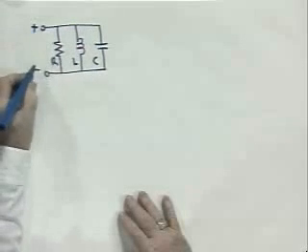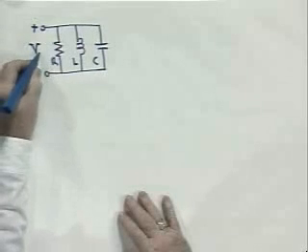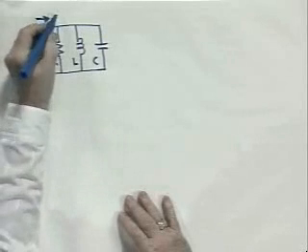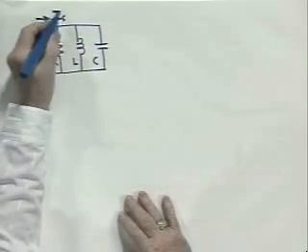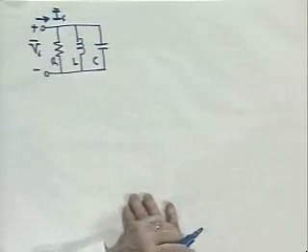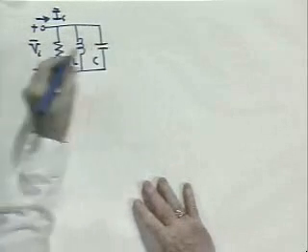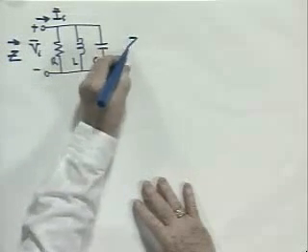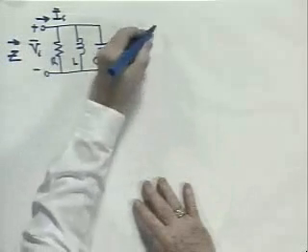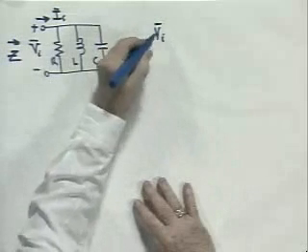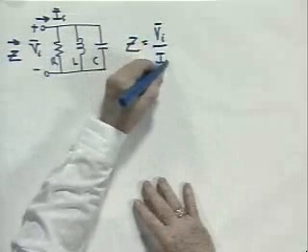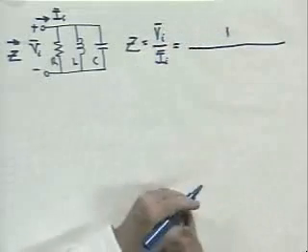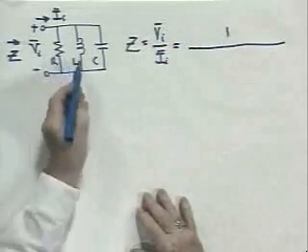And if we call this voltage V sub I bar, it's a complex number, complex amplitude, and this current I sub I bar, complex amplitude, the impedance, looking in at these terminals, Z. The impedance Z, as a matter of definition, is V sub I divided by I sub I. And now we can form this just by adding the admittances of these three elements.